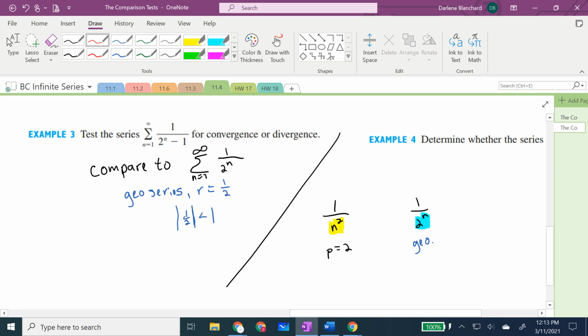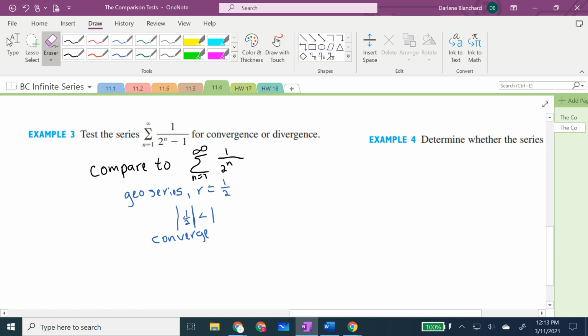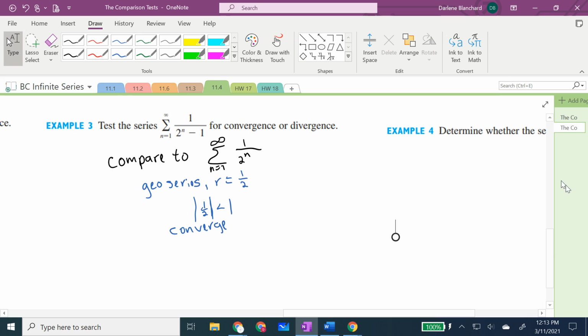so we have converge. I'm going to erase away the stuff that is not pertaining to this problem in specific terms. And now we have to decide if we're going to use the direct comparison or the limit comparison, and if we can use both of them.